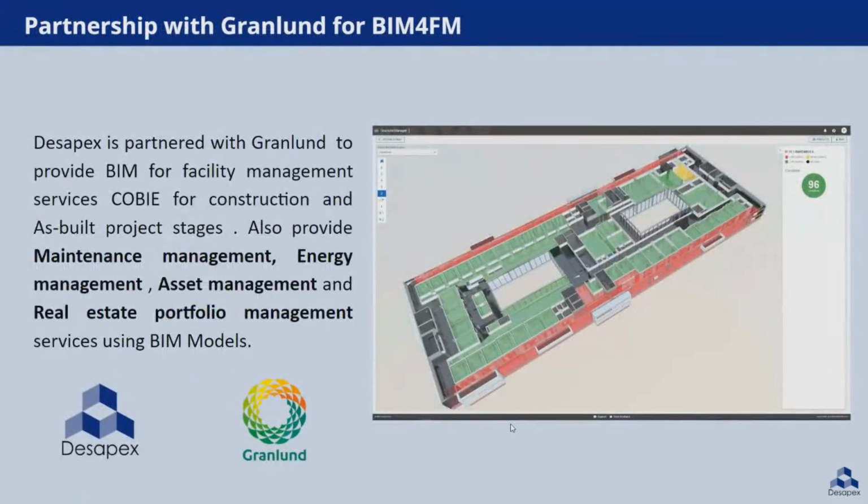We are partnered with the Finnish company Gronlund. We have an integrated tool called Gronlund Manager, which is used to provide solutions like BIM for facility management, in which we provide maintenance management, energy management, asset management, and also real estate portfolio management services using the BIM model.